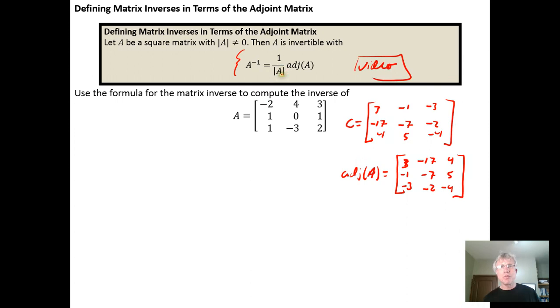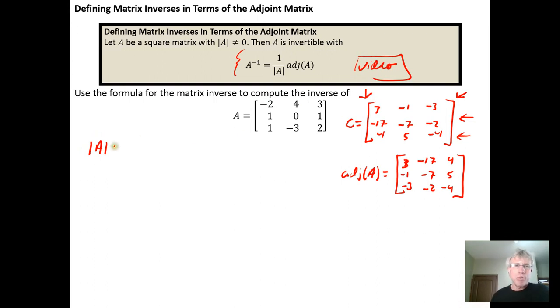So all we need to do is calculate the determinant and make sure the determinant isn't equal to 0. But the determinant calculation for A should be simple because right here we have the cofactor matrix. And remember, determinants are defined in terms of cofactor expansions with respect to a specified row or column of your choice.